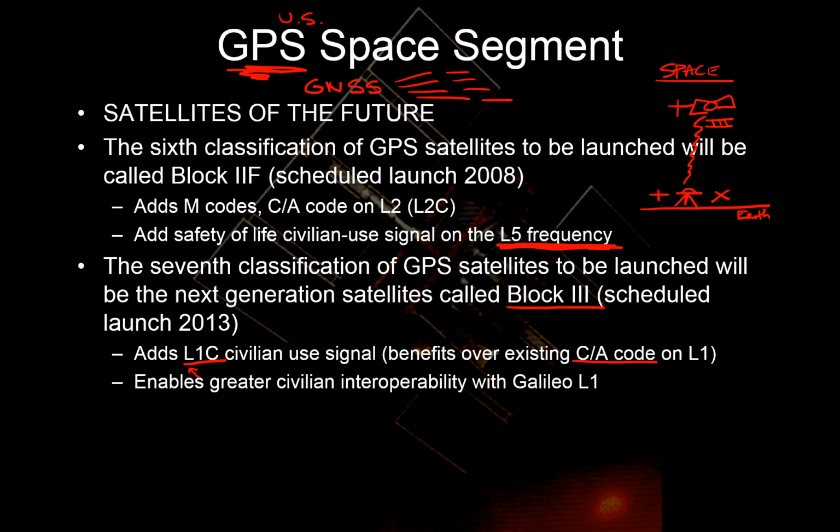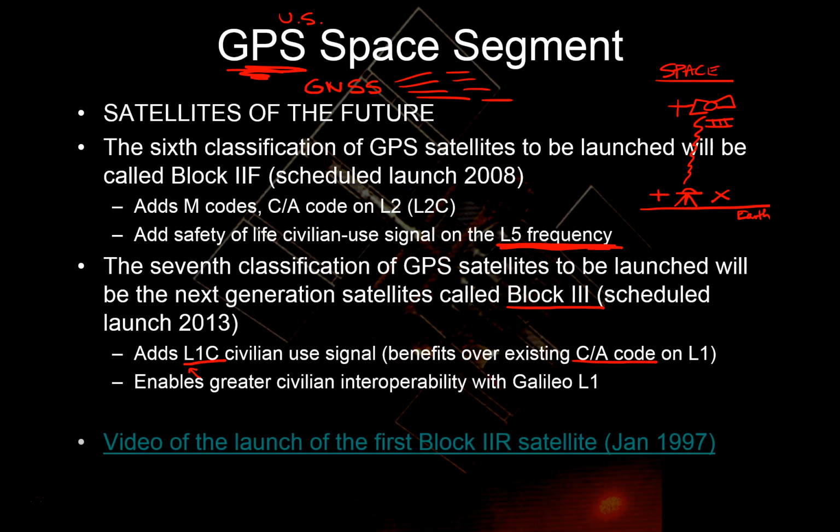Then your receiver doesn't care whether it's tracking GPS or Galileo or some of these other GNSSs. They're all going to be part of one big system, if you want to think of it that way. That's one of the planned benefits of L1C. But as you might imagine, it requires a large degree of cooperation for everybody to agree to support L1C. At least in theory to date, that is the idea behind L1C.